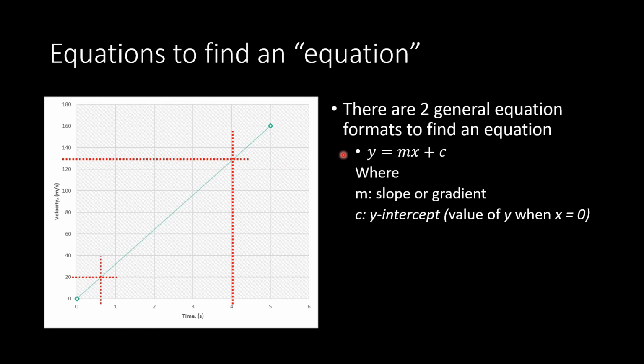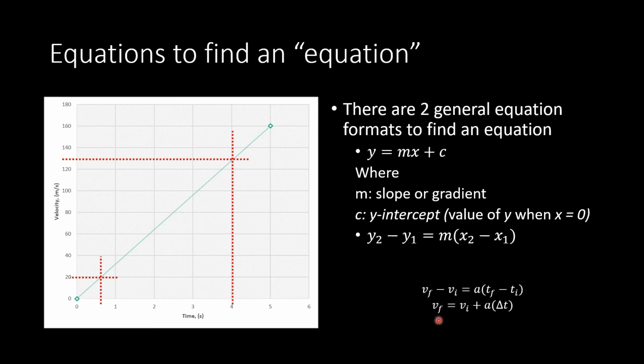You've got one, which is y is equal to mx plus c, where m is the slope or the gradient of the line, and c is the y-intercept, the value of y when x is equal to 0, and the other was that y2 minus y1 is equal to m times (x2 minus x1), where x1 and y1 could be any of these points, and y2 and x2 could be the unknowns that you're trying to look for.